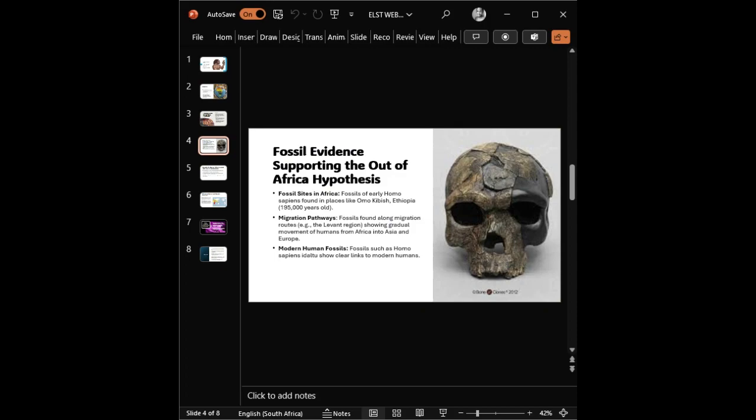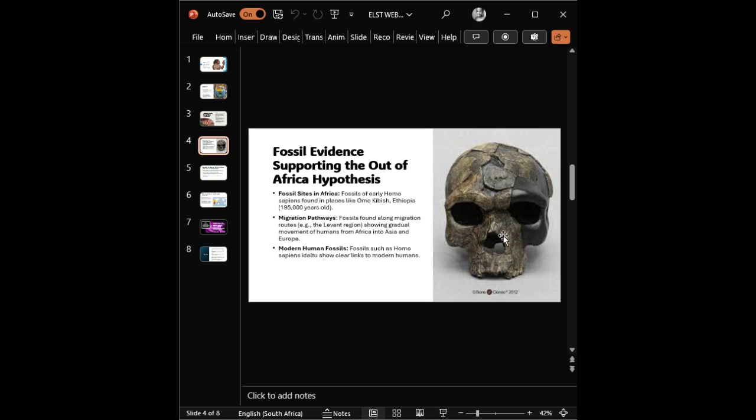Fossil evidence strongly supports the out of Africa hypothesis. For example, fossils found in Ethiopia in Africa, like those at Omo Kibish, date back nearly 200,000 years and represent some of the earliest Homo sapiens.